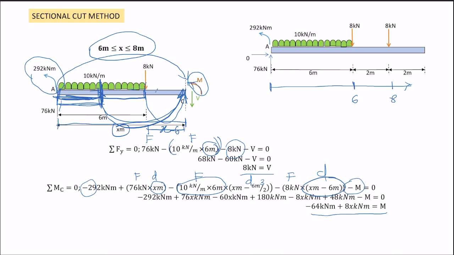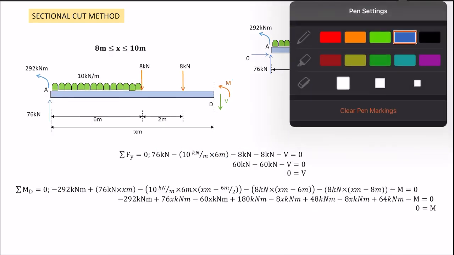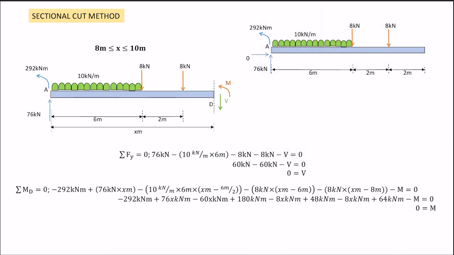For the third section, last kali saya cut di sini. Okay, so it's going to be from 8 meter to 10 meter. That will be the boundary for X. The reaction masih sama, stick to this direction.